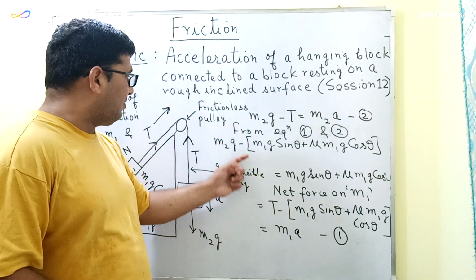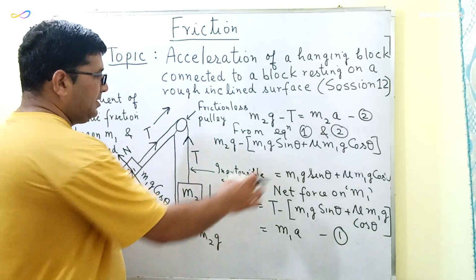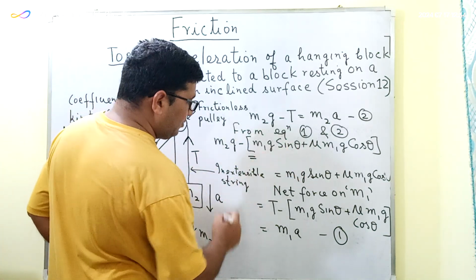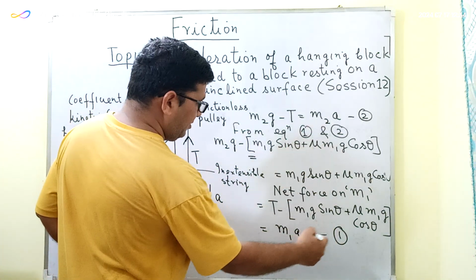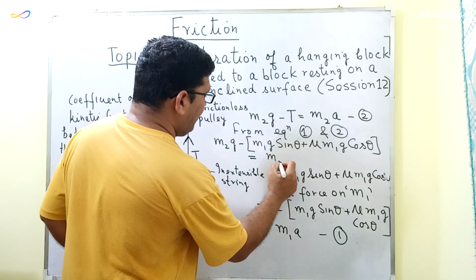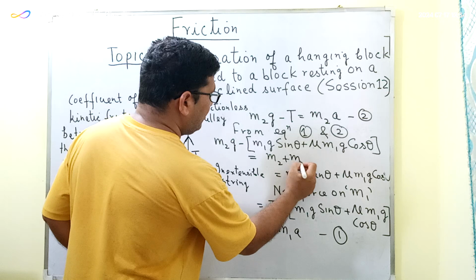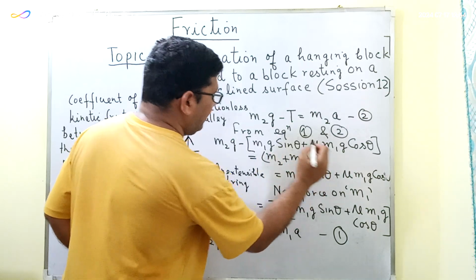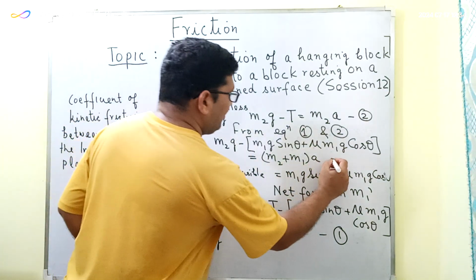So m2g minus this value is equal to m2a plus m1a, which is equal to (m2 plus m1) a. So this is the third equation which I am getting.